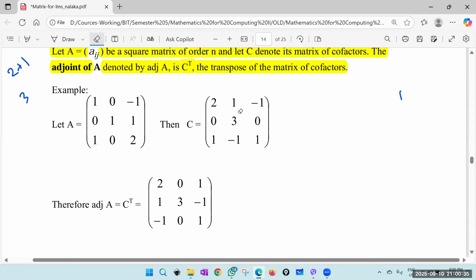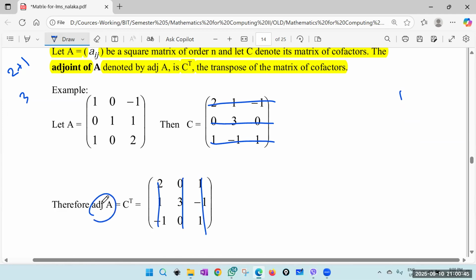So your first row becomes the first column, the second row becomes the second column, the third row becomes the third column. So that is your adjoint matrix. Now, if you want to find the inverse of this, then it is 1 over the determinant of A times this. So now you need to find the determinant of this. That I explained previously, right?